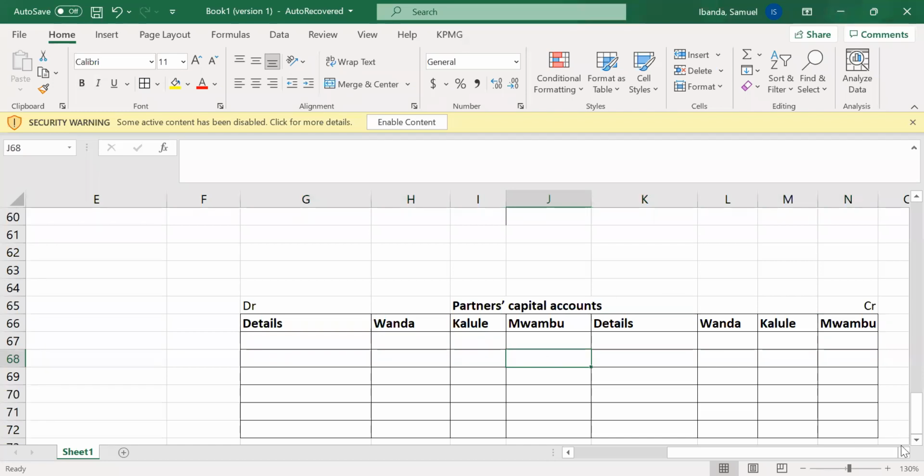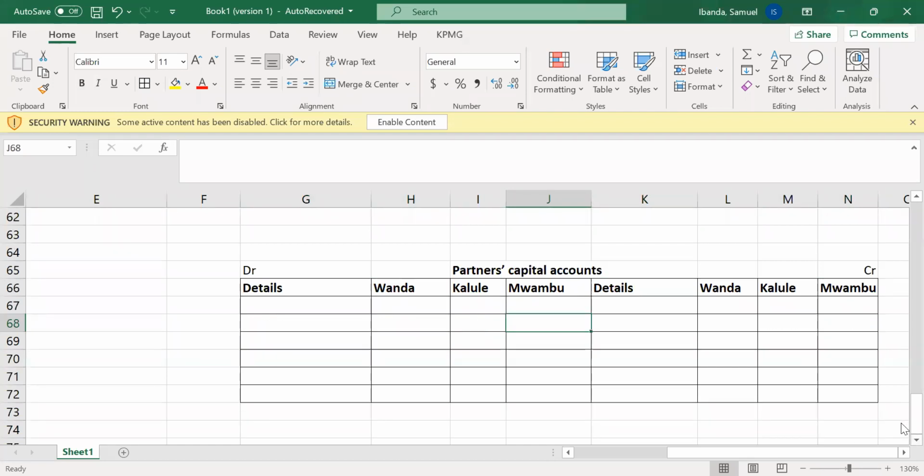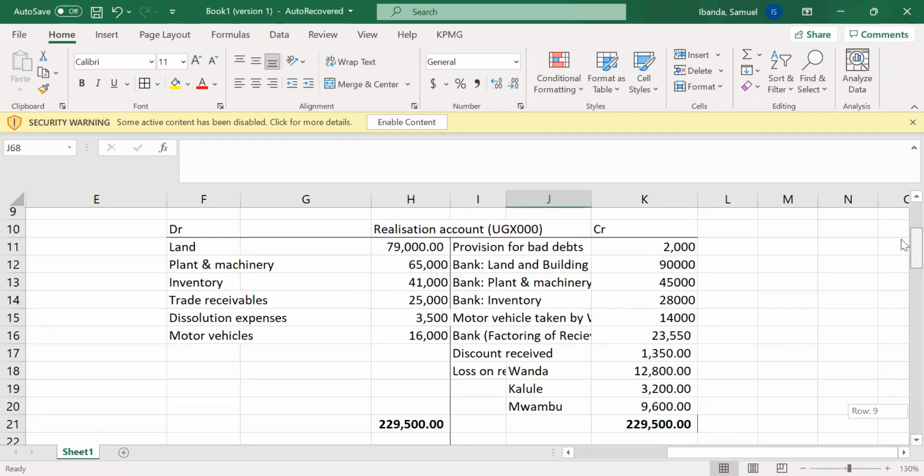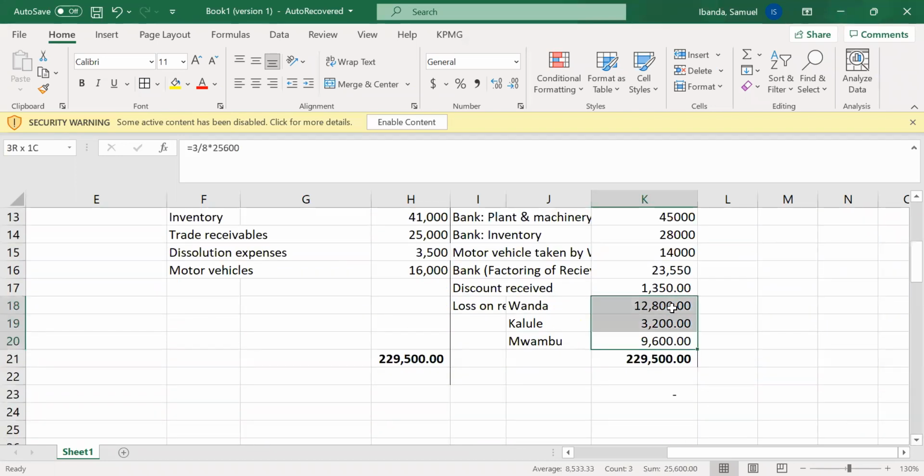So if this is what I have, now remember what I'm going to do. I'm going to transfer these values as they are here to debit my capital account.